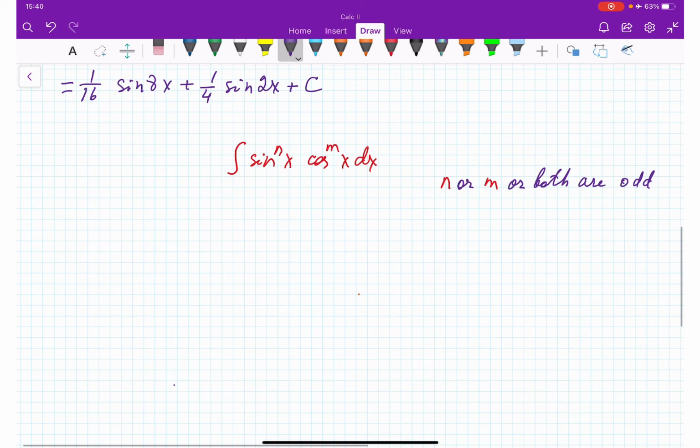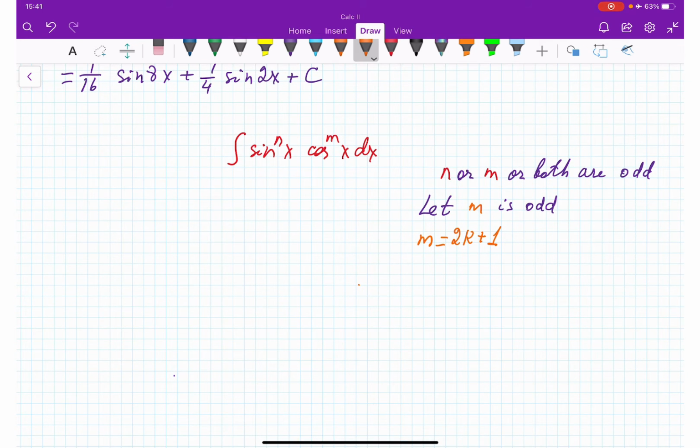Okay, so therefore, let's say m is odd. Hence, m is equal to 2k plus 1. That's the formula for an odd number. 2k will be the formula for an even number.